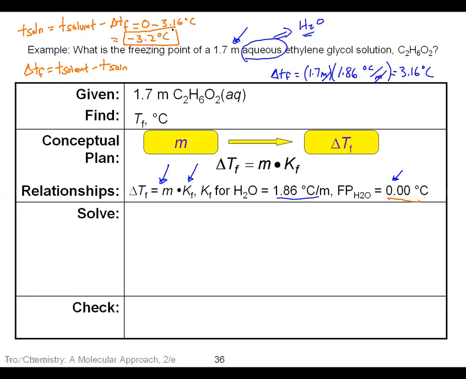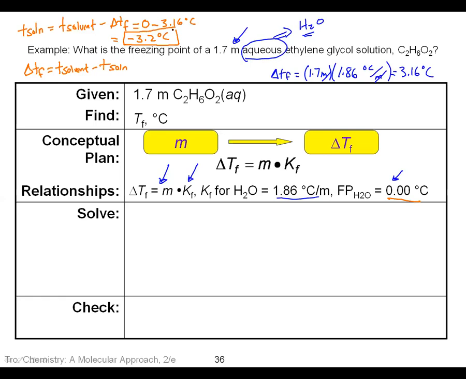Celsius. Water by itself, without the ethylene glycol, the antifreeze in there, would normally freeze at 0 degrees Celsius. But with the ethylene glycol in the water, it will not freeze until you hit a point of minus 3.2 degrees Celsius. Because of all the particles in that water, the freezing point is not able to be at 0.